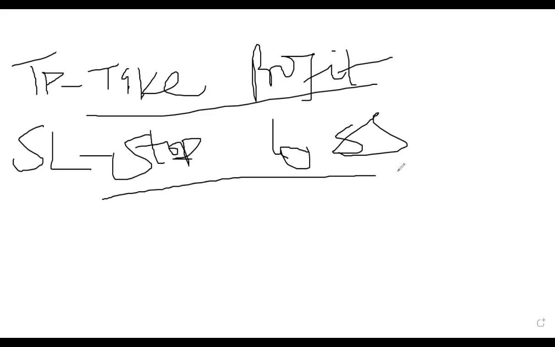Now, the stop loss. What's the work of the stop loss? The work of the stop loss is set in a particular direction away from where we have placed our trade.